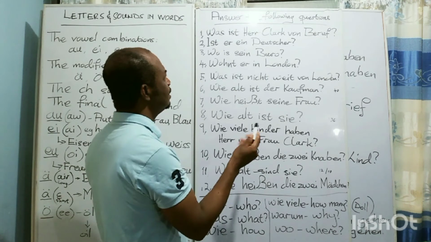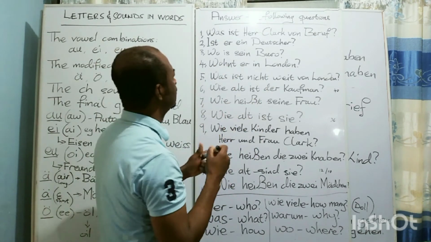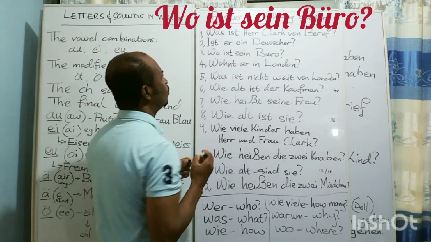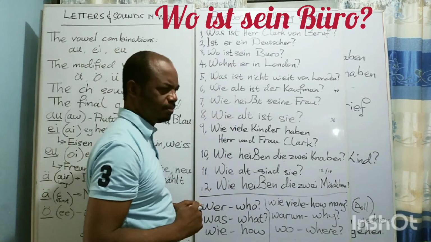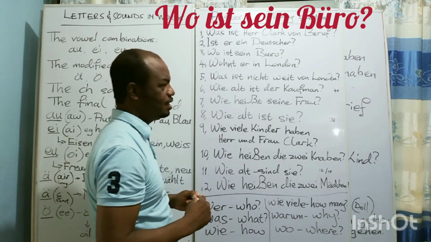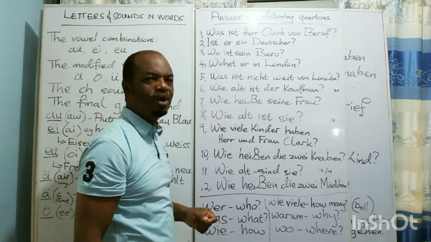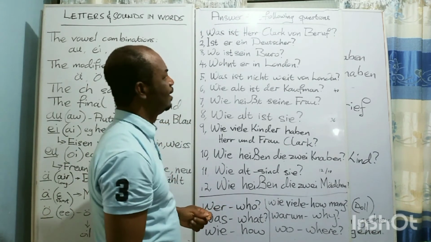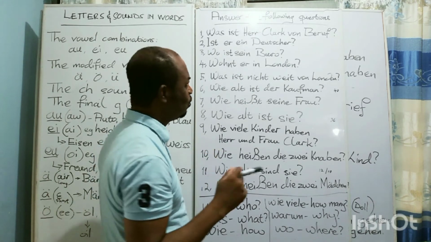Then the question, where is his office? Wo ist sein Büro? Where is his office? Wo ist sein Büro? The answer in the passage is what?